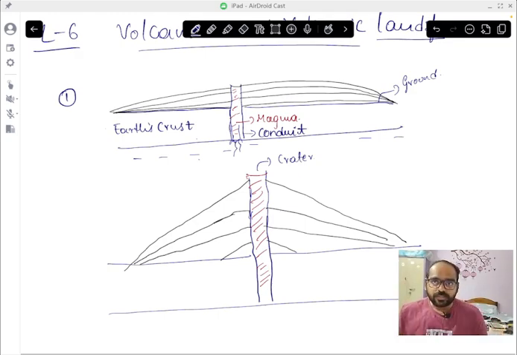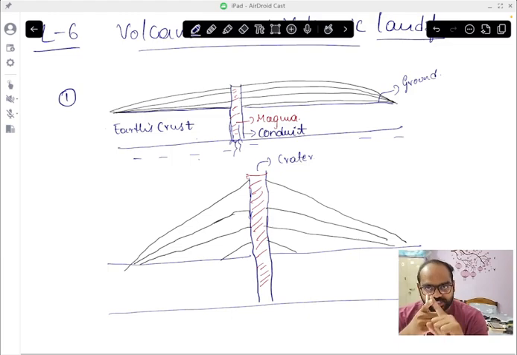I said there are types of lava. We have acids and bases, right? The acidic or basic nature of lava depends upon the materials present inside it. Based on that, we have basic lava and acidic lava.